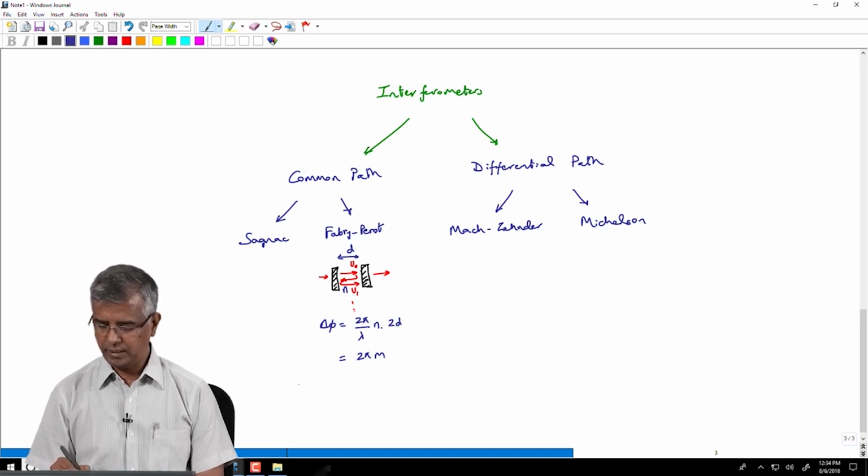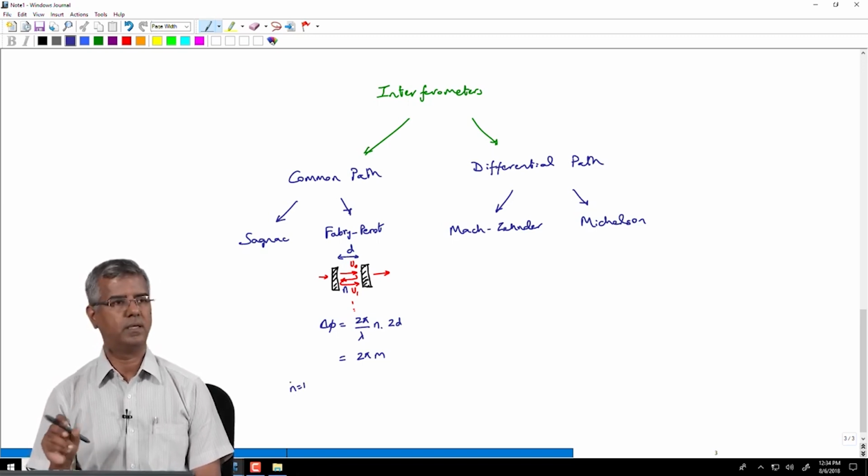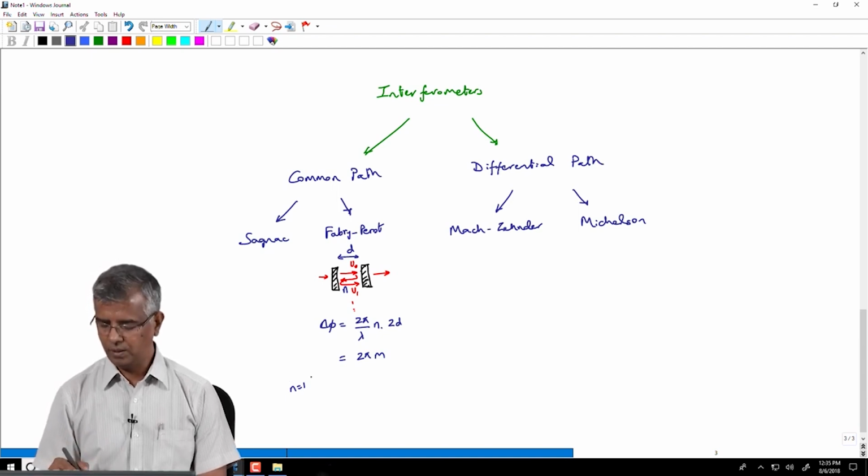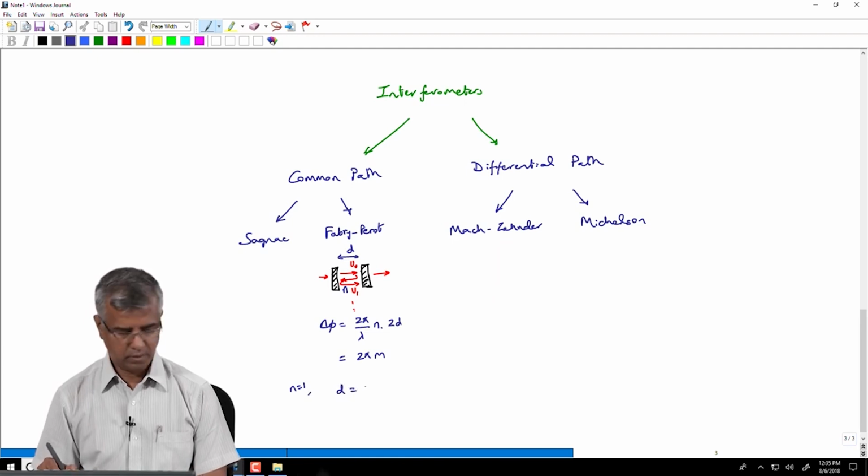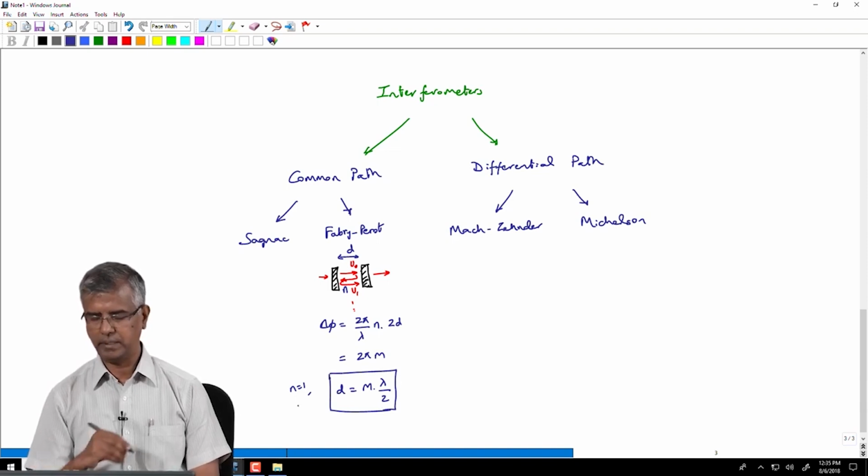And let us say n equals 1, let us say this mirror pair is actually just having air in between. If n equals 1, then that just gives the simple result that d is going to be an integral multiple of lambda over 2, right.